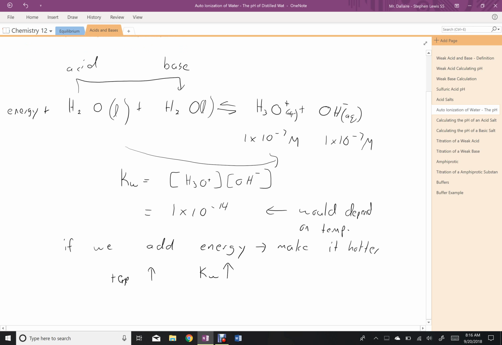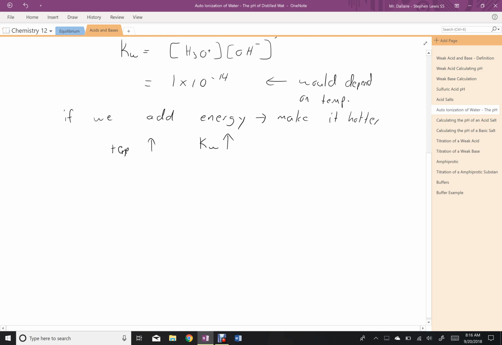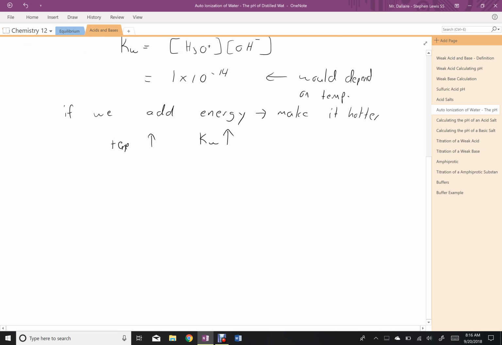This can also be related to pH. Recall that pH is equal to the negative log of the concentration of H3O plus, and pOH is equal to the negative log of the concentration of OH minus.